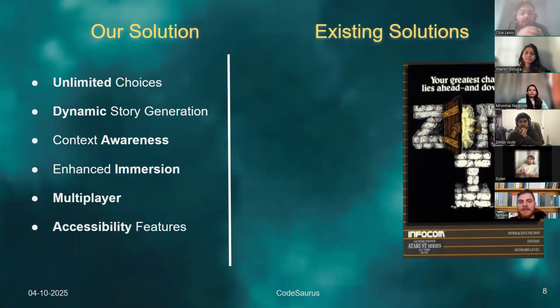Our solution is inspired from that, where we can progress through the story, but instead of having limited solutions, we have unlimited choices where the user can progress through the story with. And also, we have a more dynamic story generation, meaning that the story is never going to be the same story repeated back to back.